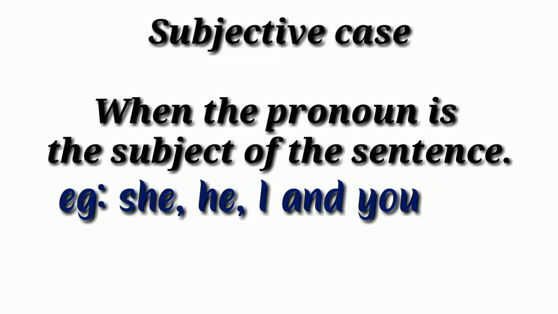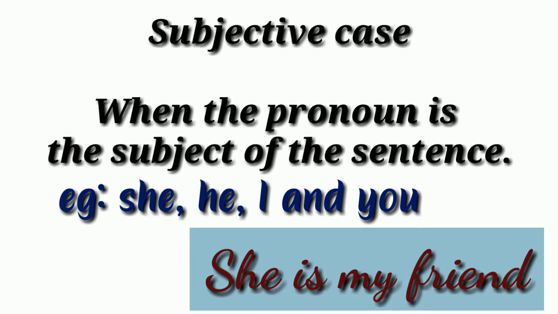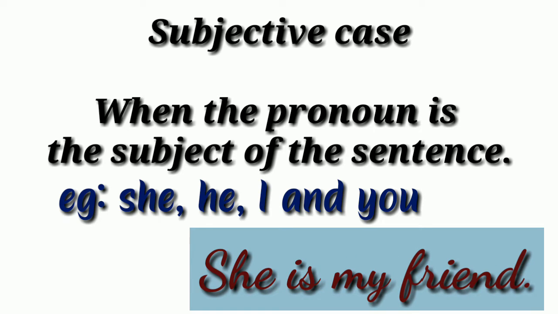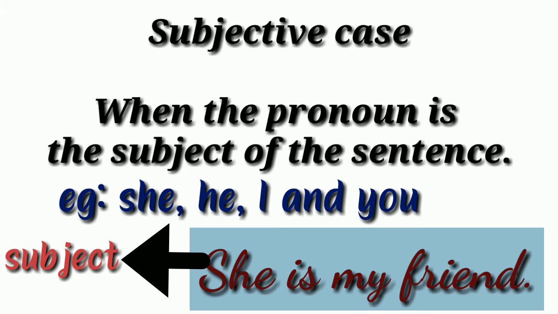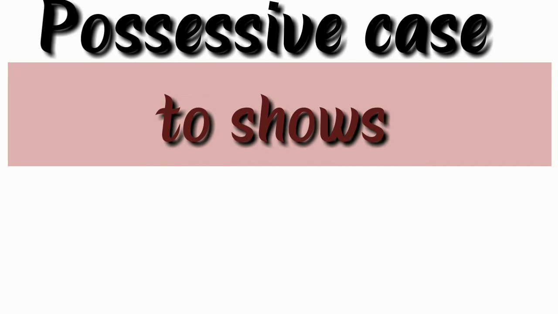Let us see this example. She is my friend. In this sentence, she is used as the subject. So we can say here it is in the subjective case. Next, when the pronoun shows possession, it is said to be in the possessive case.